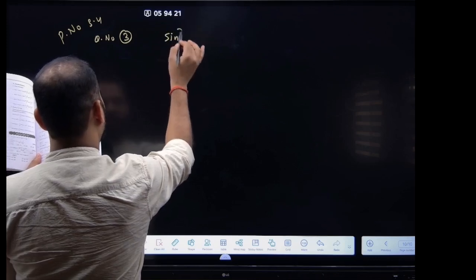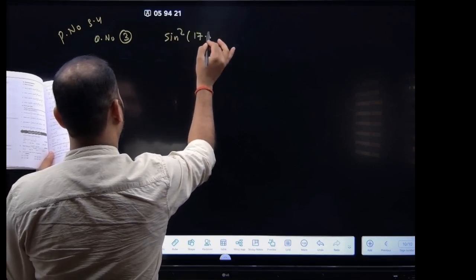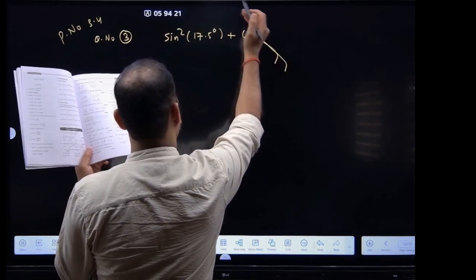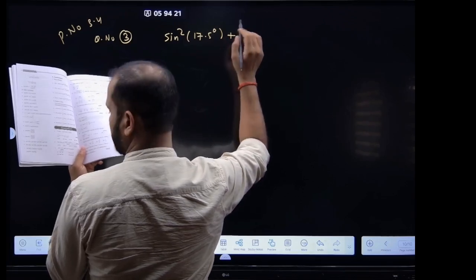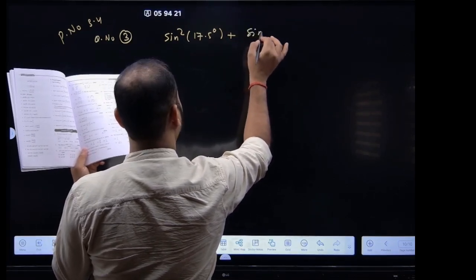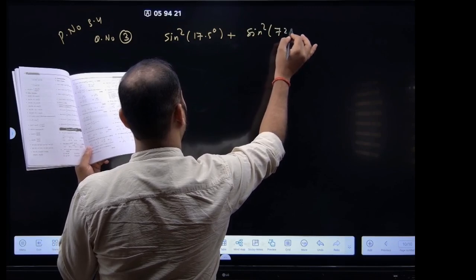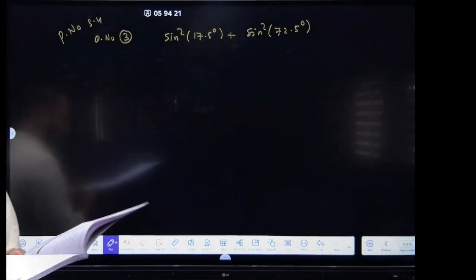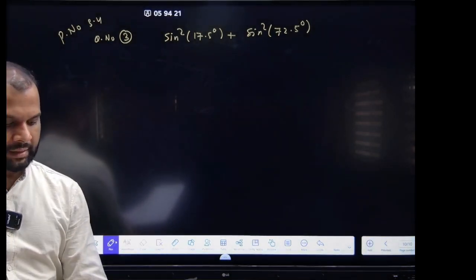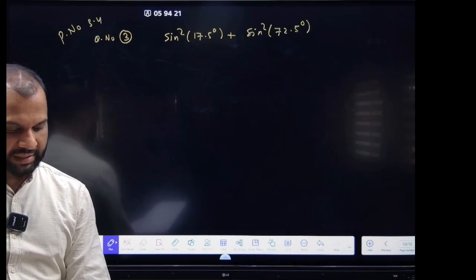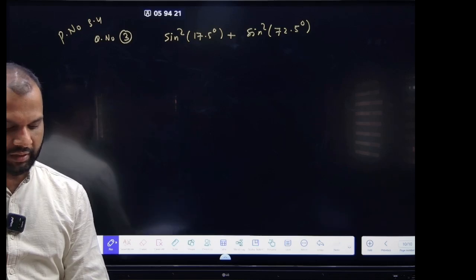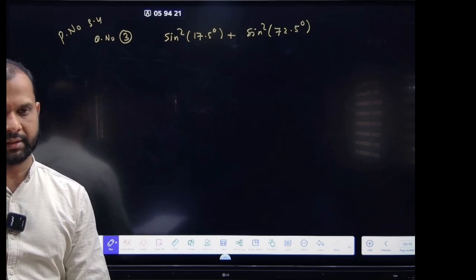Sin square 17.5 degree plus sin square 72.5 degree. They are asking us to write what is the answer. Sin square is there plus sin square is there. In terms of cos they are asking, right? Tan square, cos square, sin square. Which option will be the answer?